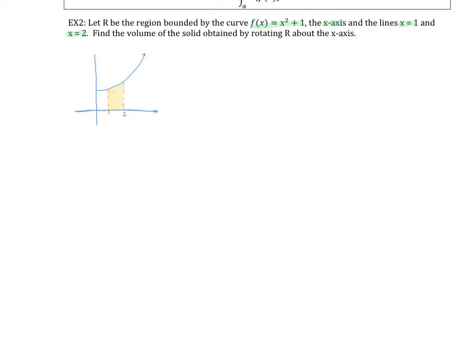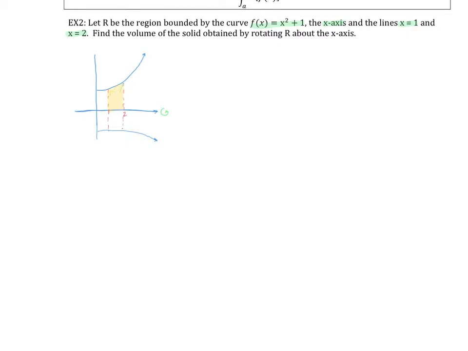So I'm going to take this region and rotate it about the x-axis. And when I do that, I'm going to be creating this volume. So this curve is going to come down, and this is supposed to be a mirror image. Forgive my drawing.